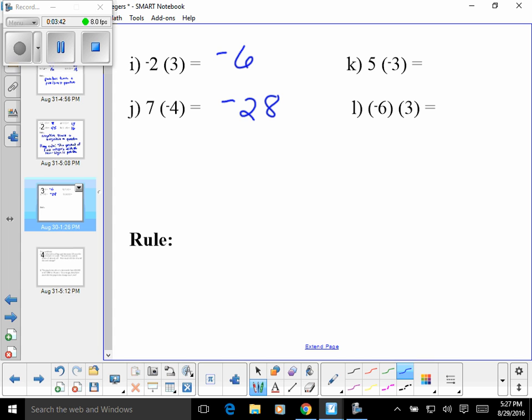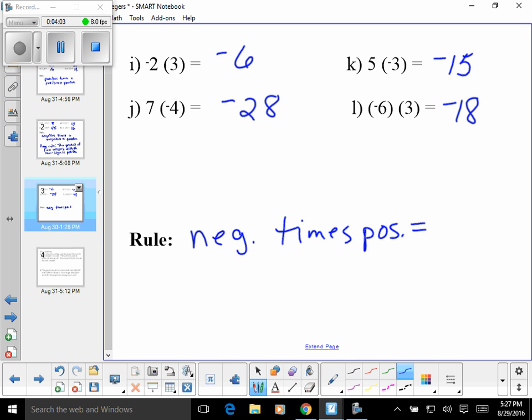For K, the product is going to be negative 15, and for L, our product is going to be negative 18. Now, if you notice, we are taking a negative times positive equals a negative, or positive times negative equals negative.